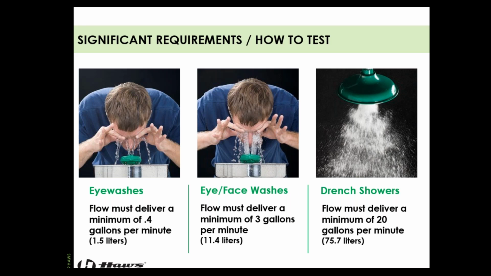We like to think we do a very good job at Haws of dispersing that water evenly and making it a more tolerable situation, considering victim comfort and things like that during probably one of the most horrible days of your life. But if you're dumping 30 and 40 gallons per minute down on top of somebody, it's going to hurt real bad.